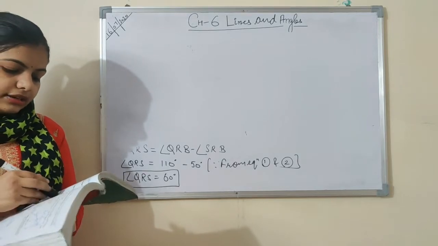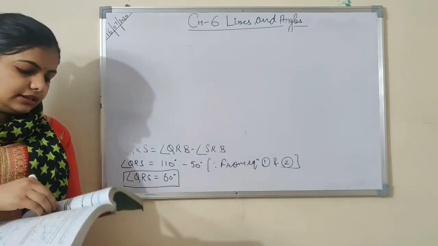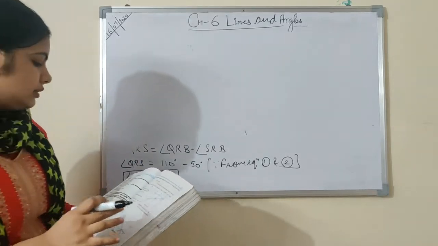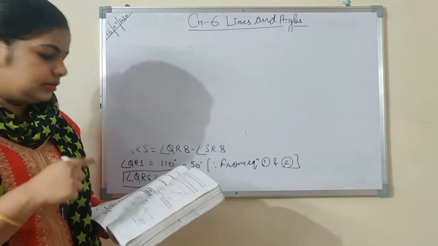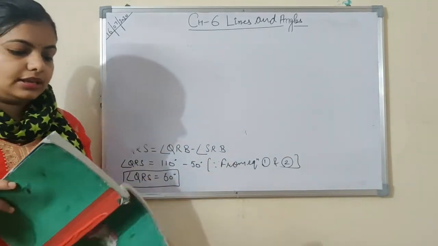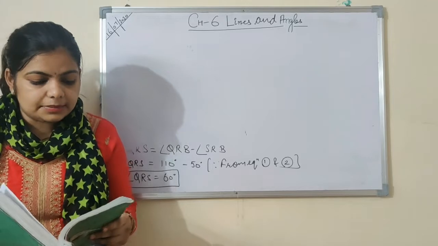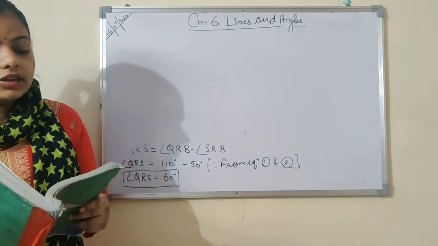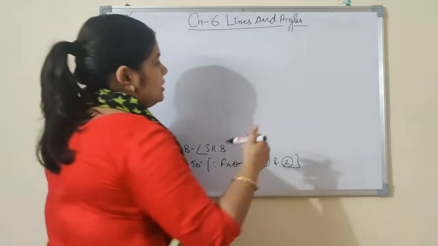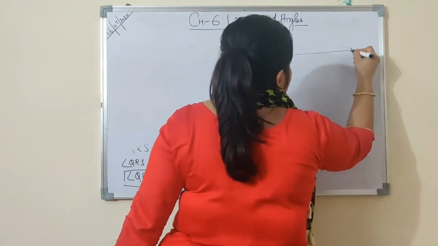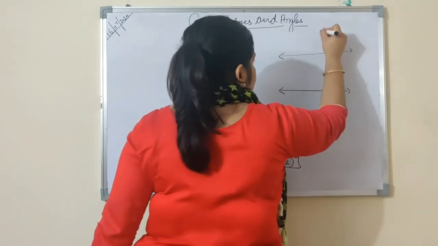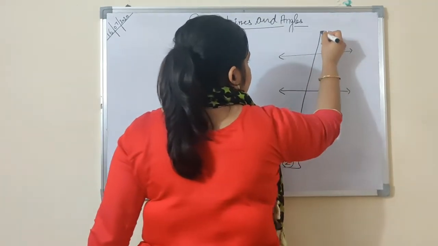Okay, I am drawing it while reading the statement. You can listen and look carefully. Please listen to the statement, and according to that only I am drawing here. So, the statement says that if a transversal intersects two lines, that means we have to take two lines like this, then we have to make a transversal over here.